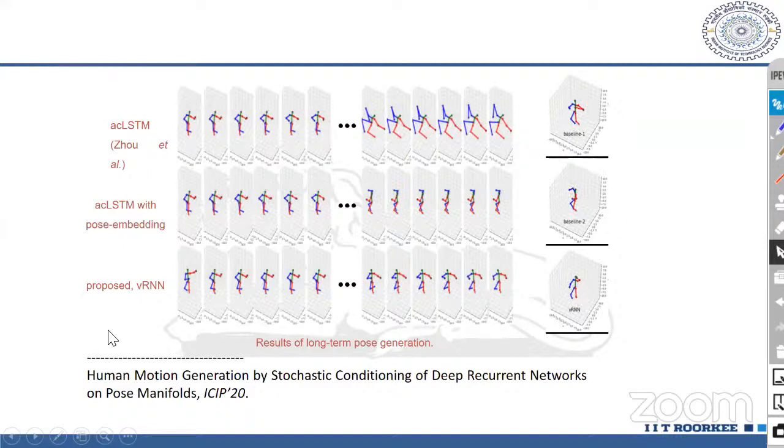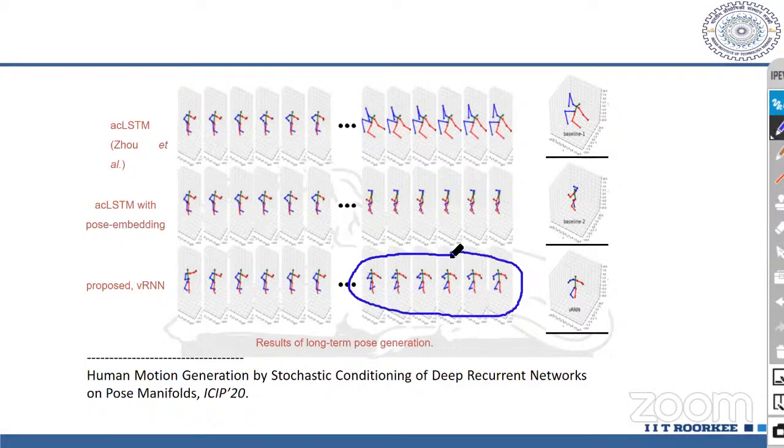But the variational recurrent neural network that we have used, that's the proposed one, is working really well, and you can see the predicted movements are much better than in the literature. We have just extended it with the pose embedding, and the results are much better.